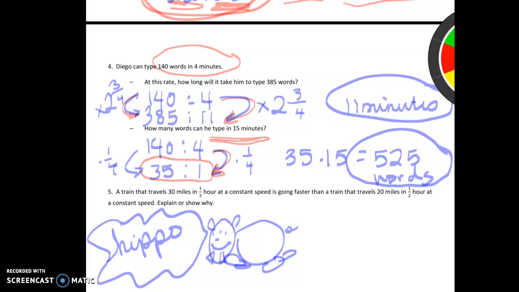And so I did 4 divided by 4 to get 1, or multiply by 1/4. And then 140 times 1/4 gives me 35. And so that's how many words he can type in 1 minute. So then if I multiply 35 times 15, it gives me 525 words, which is how many words he can type in 15 minutes.